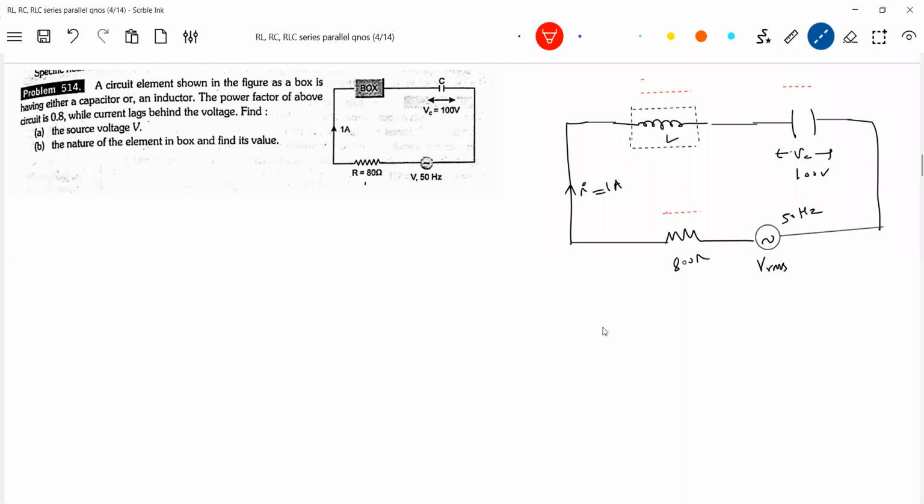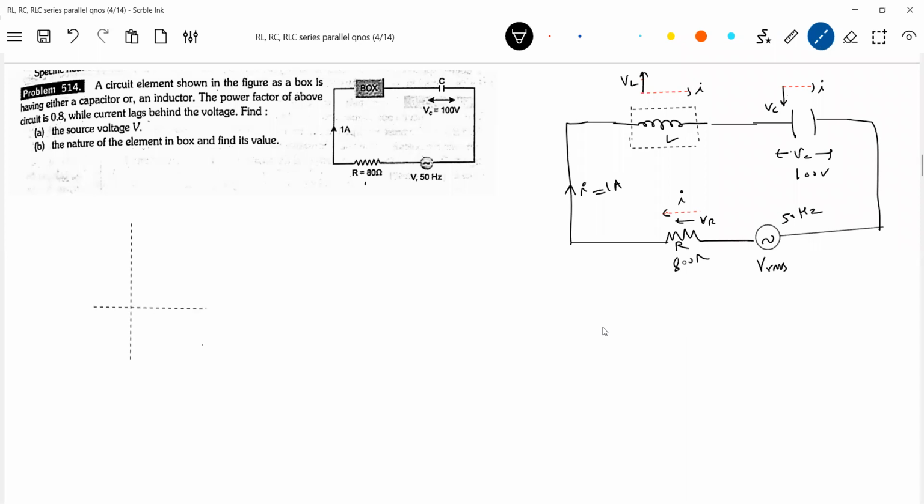Across the inductor, current lags the voltage, no? So VL should be like this. VC should be like this. And this is I. And this is VR. So construct the phasor diagram.